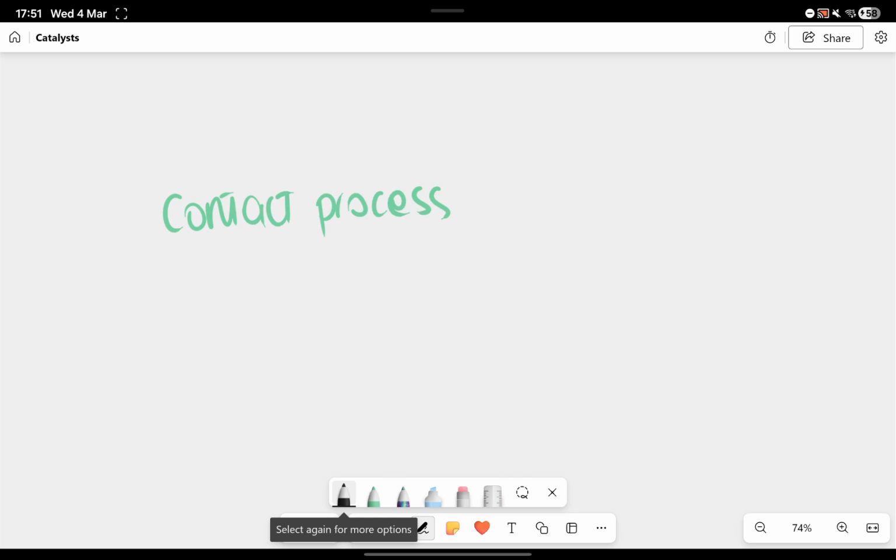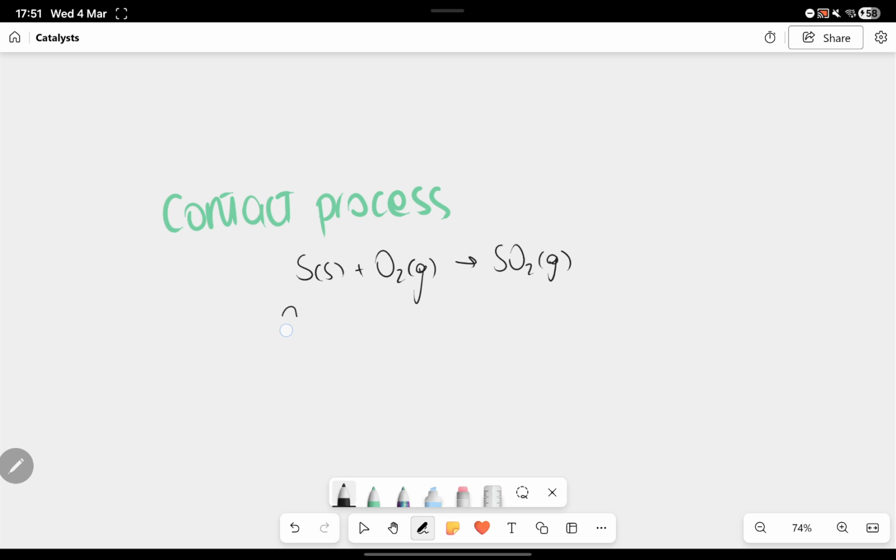The contact process is an example of heterogeneous catalysis. It works by solid sulfur reacting with oxygen to form sulfur dioxide in the first step of the reaction. The second step is an equilibrium reaction where sulfur dioxide reacts with oxygen to form sulfur trioxide.